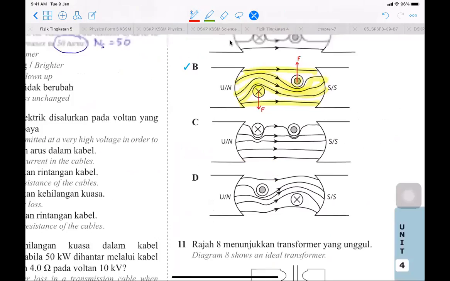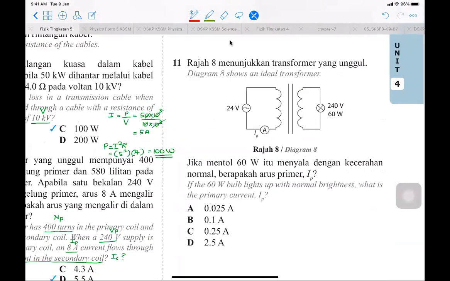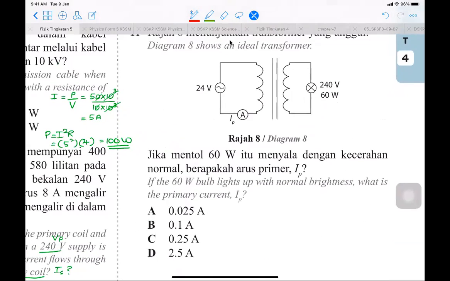Clear. Alright. Question 11. Diagram 8 shows an ideal transformer. If the 60-watt bulb lights up with normal brightness, what is the primary current, IP?